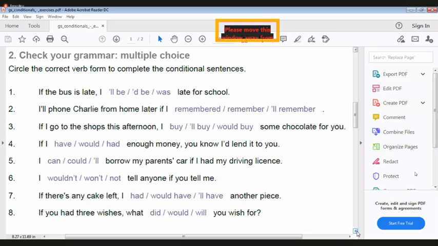What is the conditional? You said it's first conditional. So in the first conditional, if it is I'll phone, then in the main clause, what should the tense be?